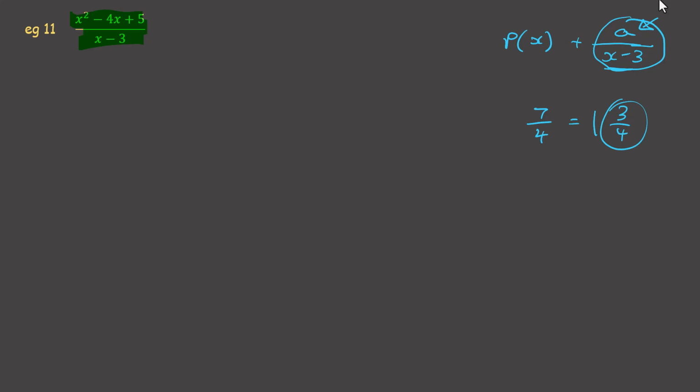You can do it by a method that some people call jiggling, which is basically just fiddling around with the thing. So because I've got x minus 3 on the bottom, what I'm going to do is split the top into x squared minus 3x minus x. See what I've done with the negative 4x there, plus 5. Put that over x minus 3.